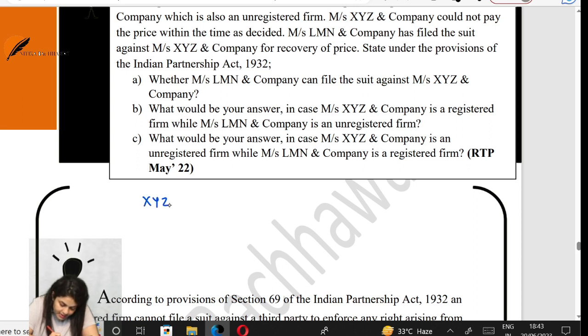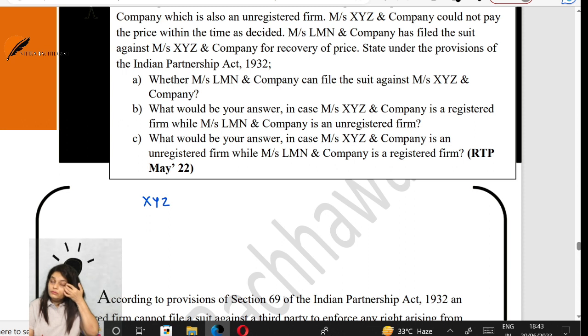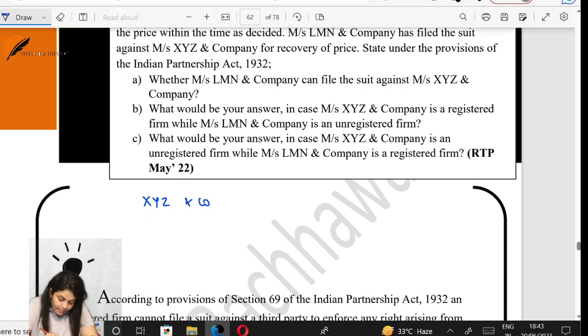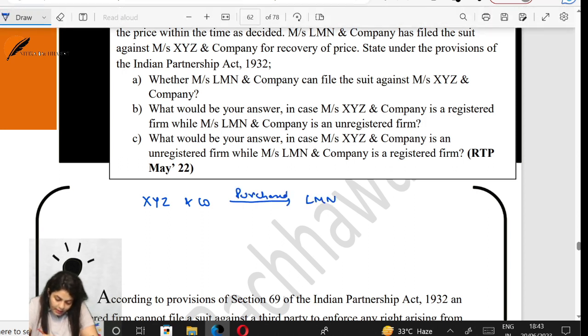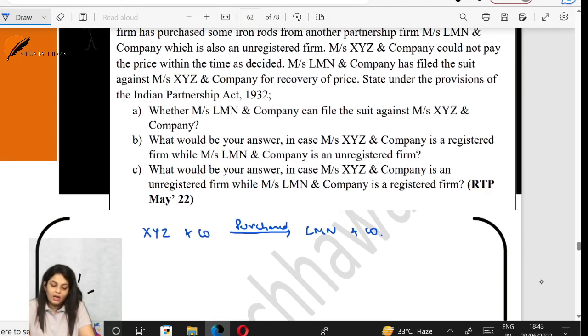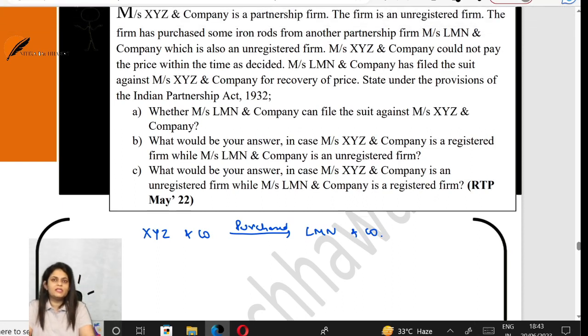So XYZ and Company has purchased goods from LMN and Company, and both of them are unregistered. If you remember, if the firm is an unregistered firm, it faces many disqualifications. One is it cannot sue a third party.